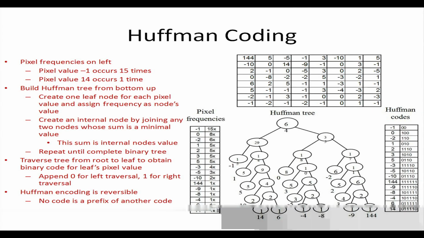What happens here is I will start from the root to the leaf to get the pixel value of the leaf, and as I traverse, as I go to the left, I will append a 0. As I go to the right, I will append a 1.